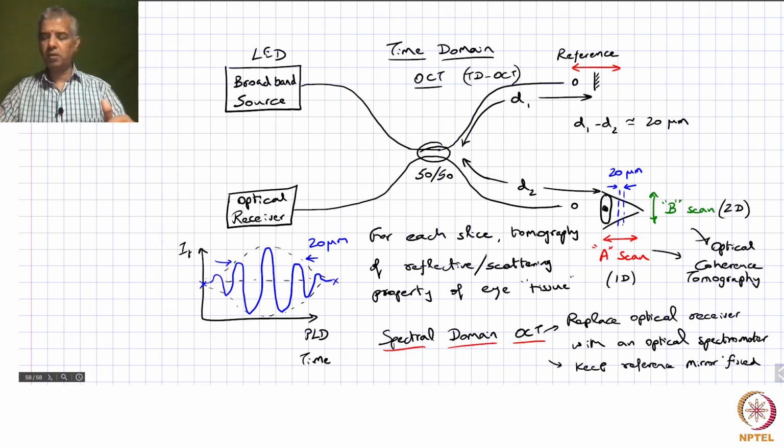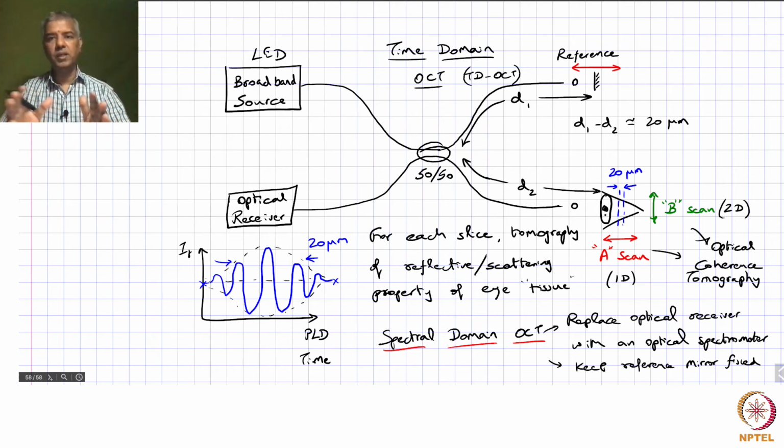You just keep the reference arm fixed, and then what you realize is that for different wavelengths, you know that your phase is defined with respect to 2 pi over lambda. So that means different wavelengths are essentially going to see interference from different regions or different depths across the eye, okay.